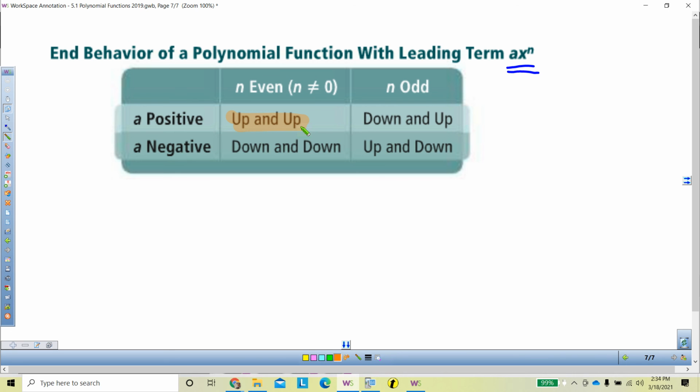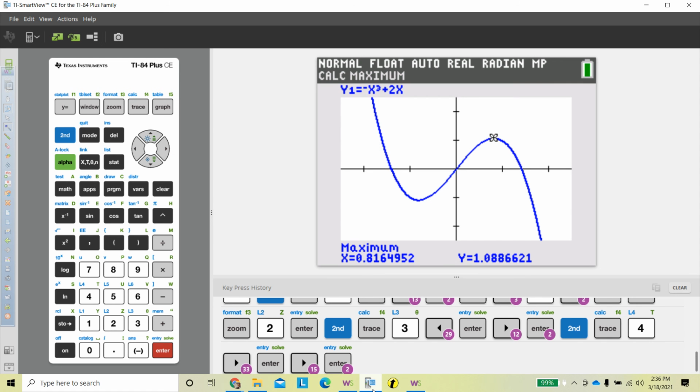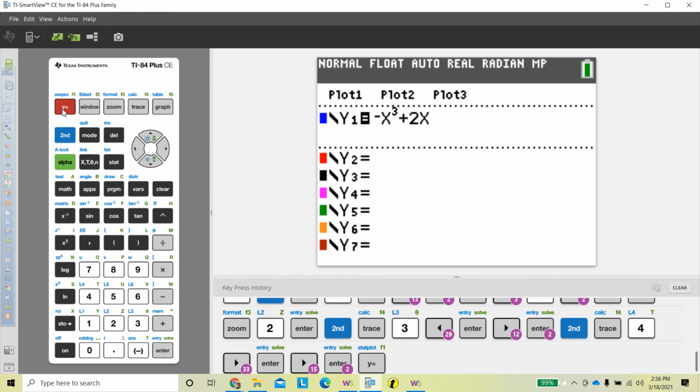So A is positive, and we're going to write a couple examples of positive A. So let's say 2 is a positive number. Even exponent, we'll just do 2x squared at first. I'm going to show you in the graphing calculator what that looks like. You already know kind of what it looks like.